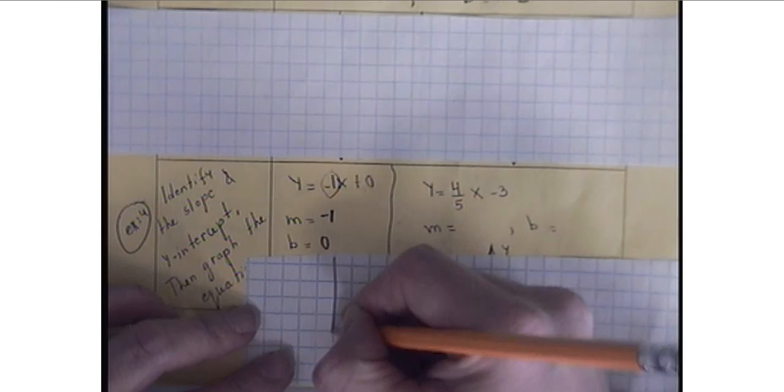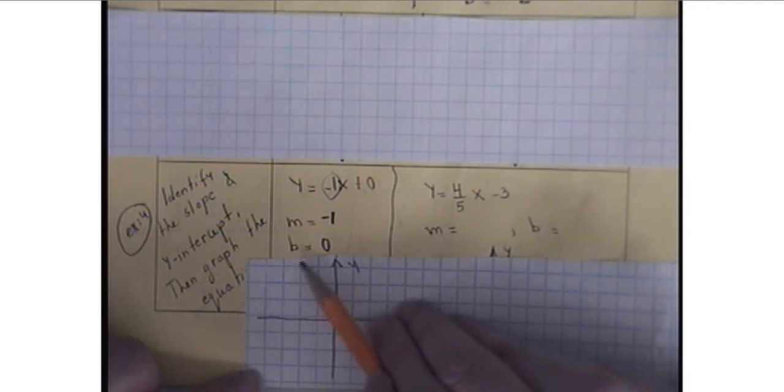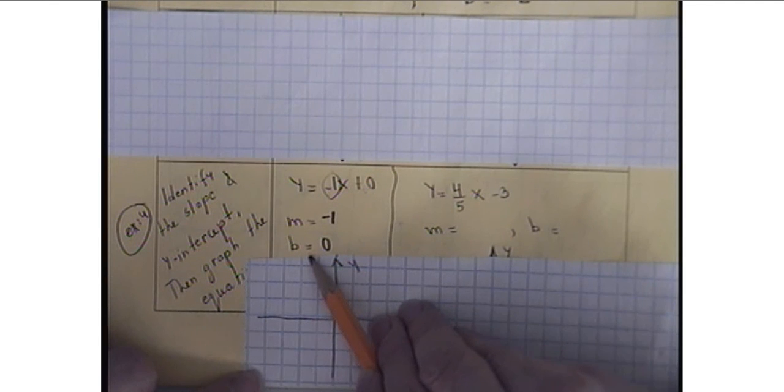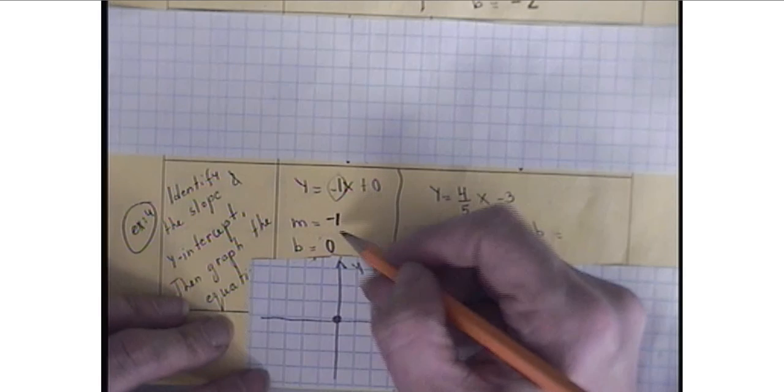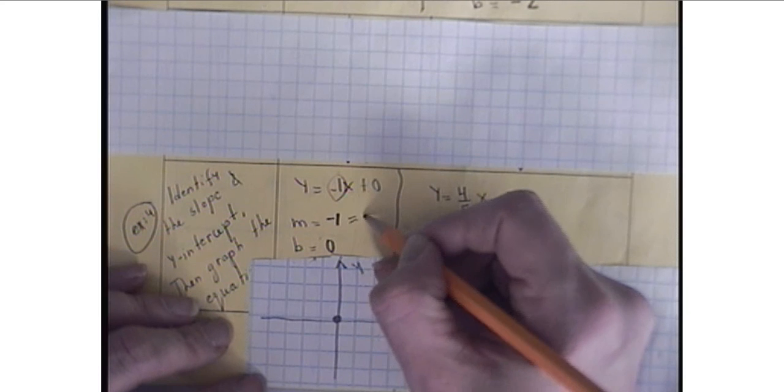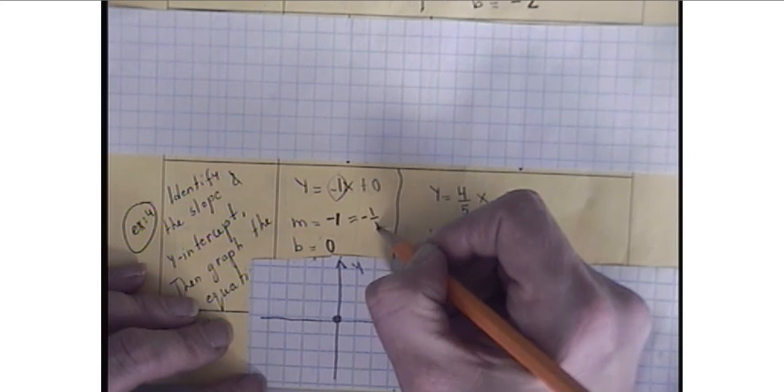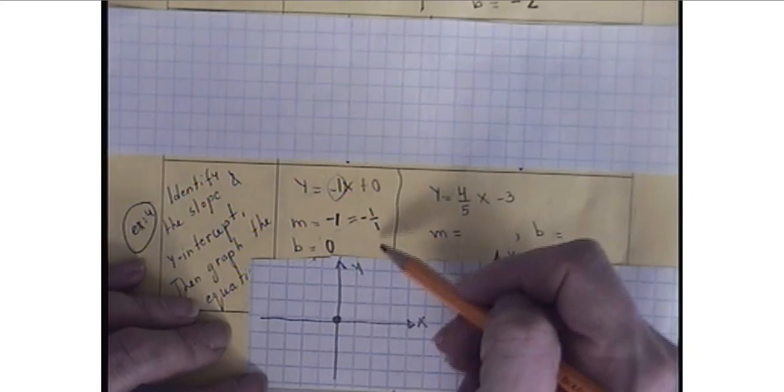If we have to graph this, and I draw my y coordinate and x coordinate here, b is the y-intercept, or the starting point, which is right here at 0, and then we will apply the slope. If the slope is negative 1, we can write this as negative 1 over 1, because if there is no denominator, it means over 1.